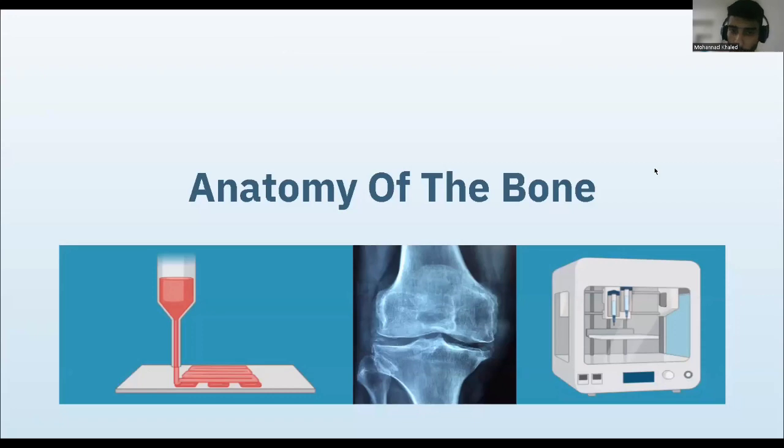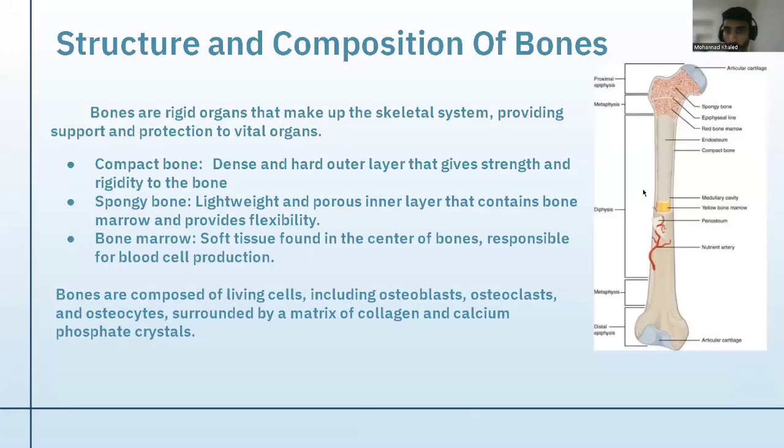In this part, we'll be talking about the anatomy of the bone. The structure and composition of the bone is simply, as we can see here in the picture, a femur. It contains the compact bone, which is this part, a dense and hard outer layer that gives strength and rigidity to the bone, and there is the spongy layer, a lightweight and porous inner layer, which gives flexibility. Also, there is the bone marrow itself, which is found in the center of the bones, responsible for blood cell production.